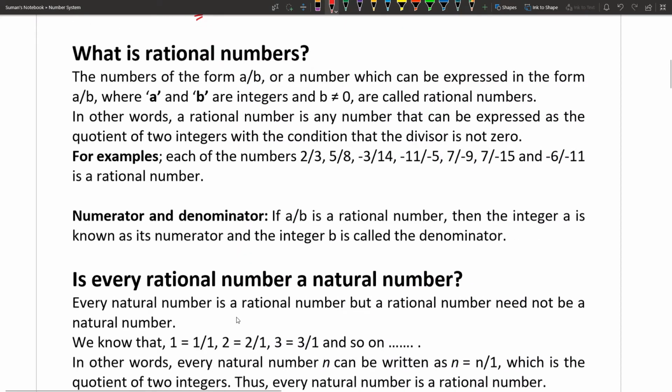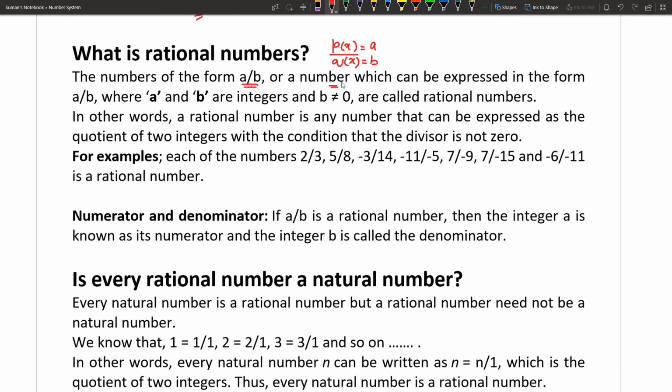So what are rational numbers? The numbers of the form a by b, already we have discussed that as px upon qx. So px here is treated as a and qx is treated as b.